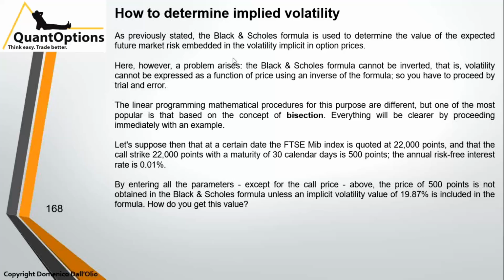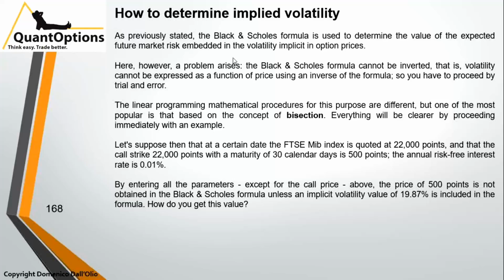Let's suppose that at a certain time, the FTSE index is quoted 22,000 points and the call with strike 22,000 points and 30 days maturity is 500 points. The annual risk-free interest rate is 0.01%, negligible. By entering all these parameters except for the call price, the price of 500 points is not obtained in the Black-Scholes formula unless an implied volatility value of 19.87% is included.